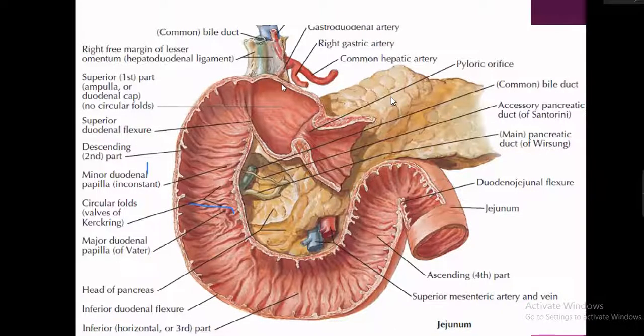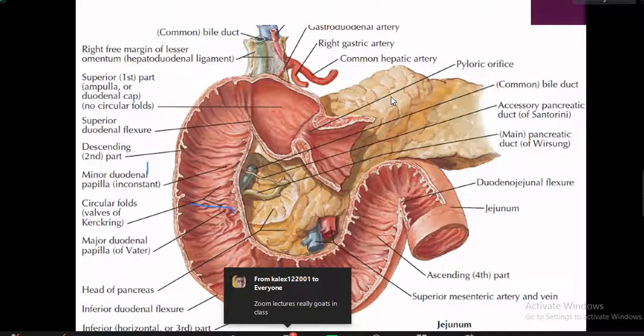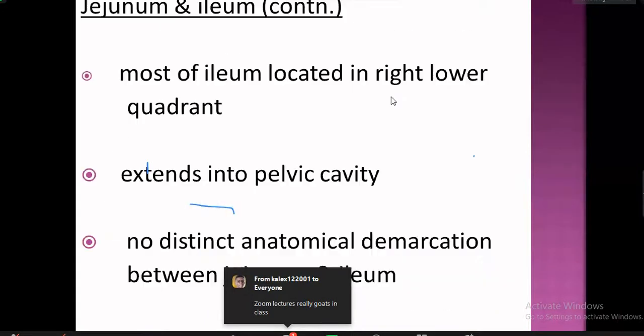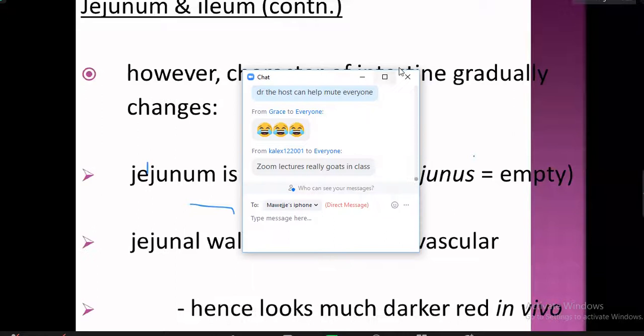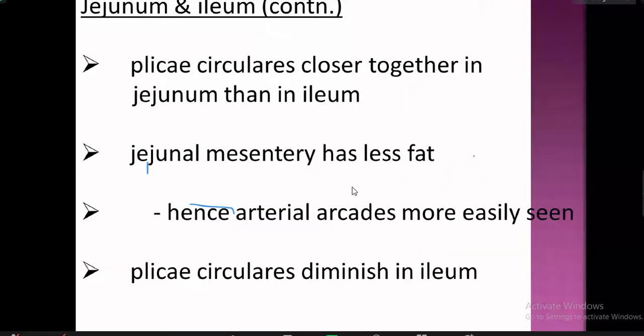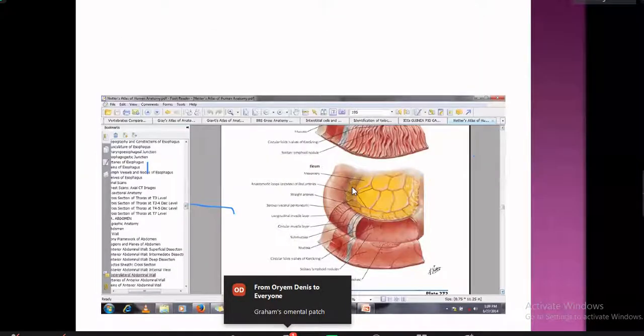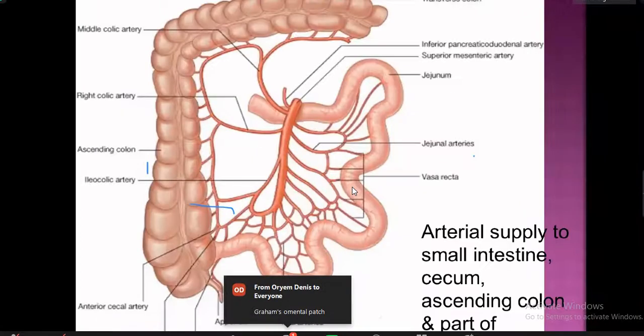You see the video and it shows you how omentum can be used to repair defects within the intestine.